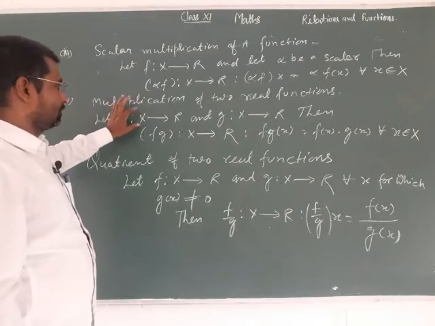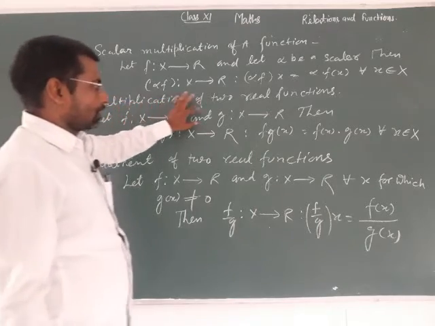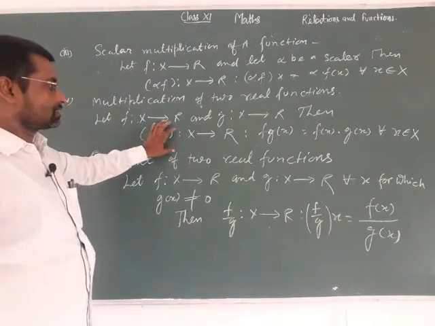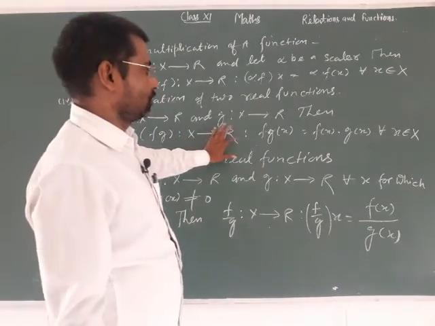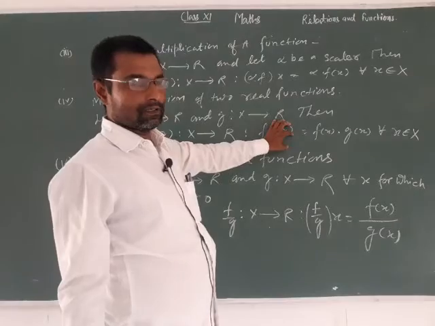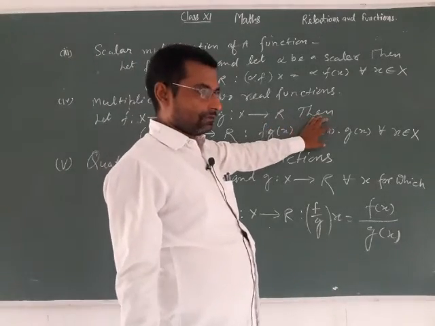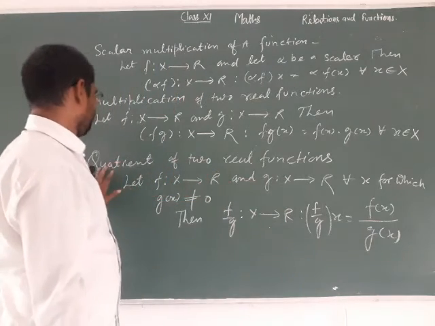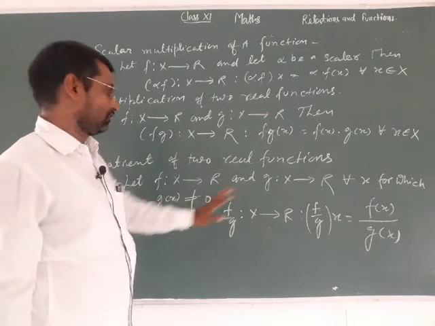Let f and g be from X to R, then (fg)(x) = f(x) times g(x) for all x belonging to X.